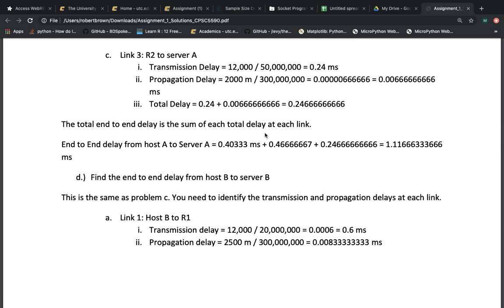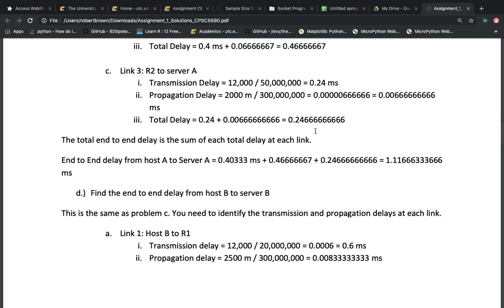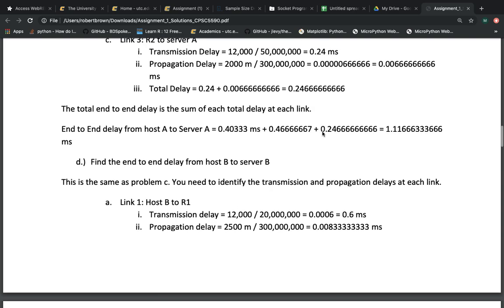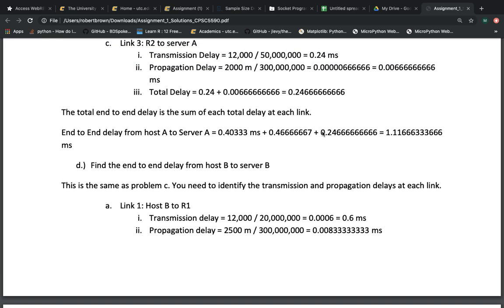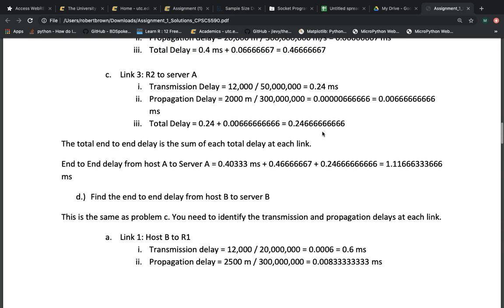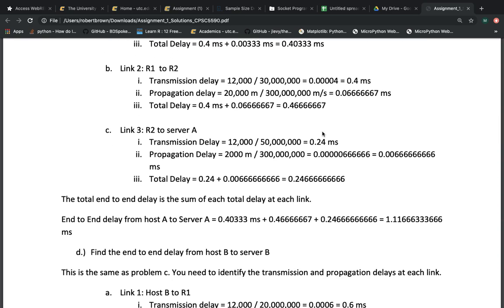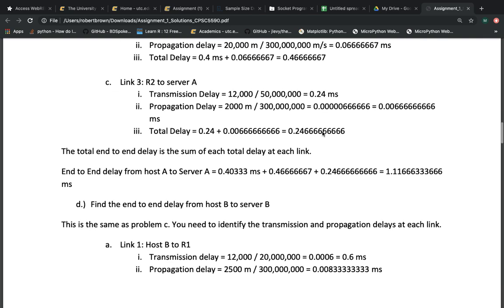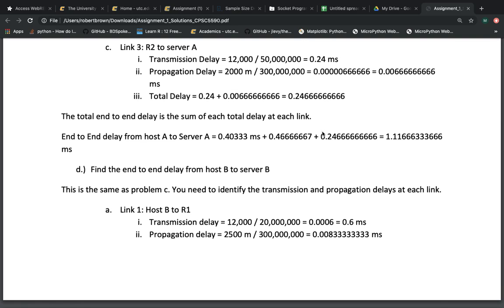Gives us a total delay of 0.24666666666 milliseconds. So to find the total end-to-end delay, you're going to take each of these delays, the three links, and add them together. That's going to give you 1.17 milliseconds. It's rounding up.